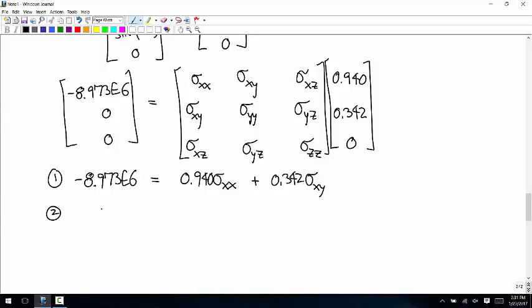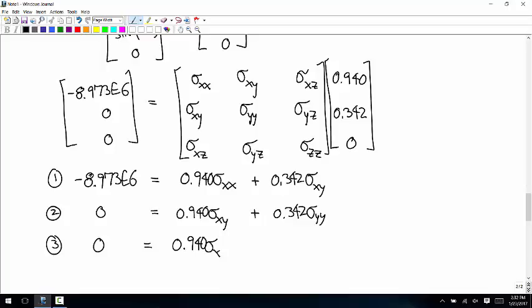Second equation says 0 is equal to 0.940 sigma xy plus 0.342 sigma yy. And the third equation says 0 is equal to 0.940 sigma xz plus 0.342 sigma yz.